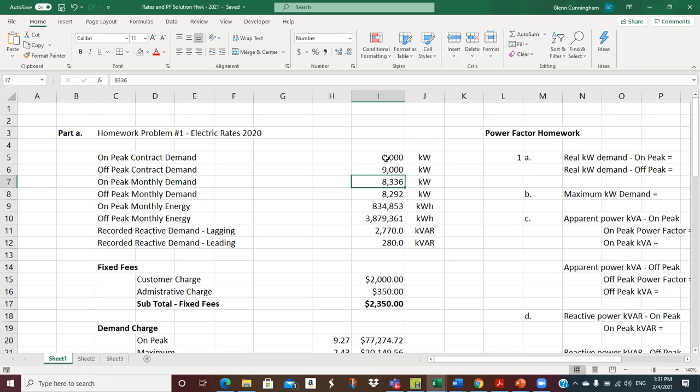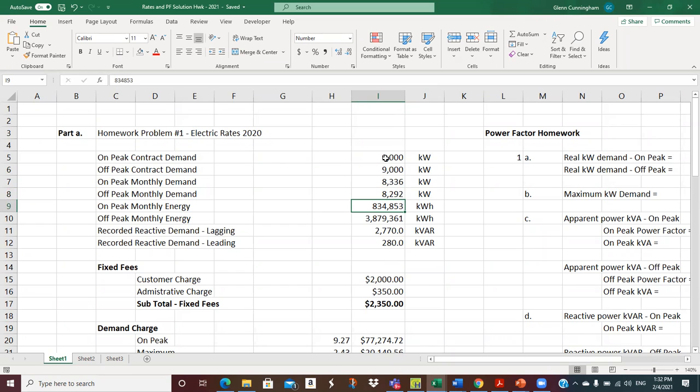The on-peak monthly real kW was 8336, and the off-peak was 8292. So they're not doing a good job of trying to move kW to the off-peak period. Who knows, that right there could be an opportunity. Maybe they never thought about it, I don't know.